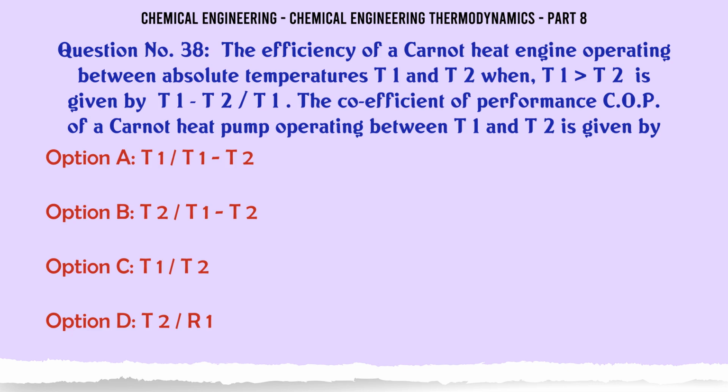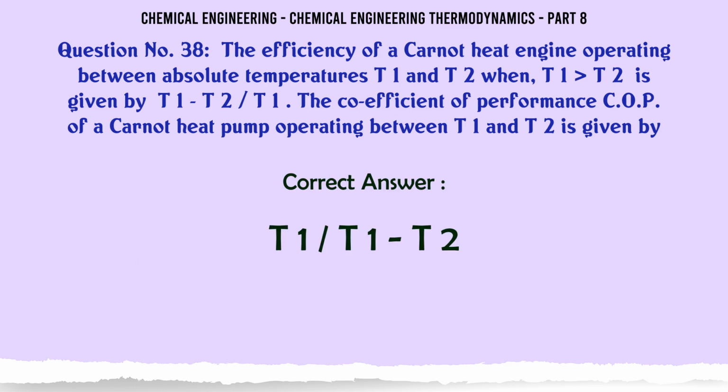The coefficient of performance COP of a Carnot heat pump operating between T1 and T2 is given by: A. T1/(T1 - T2), B. T2/(T1 - T2), C. (T1 - T2)/T1, D. (T1 - T2)/T2. The correct answer is T1/(T1 - T2).